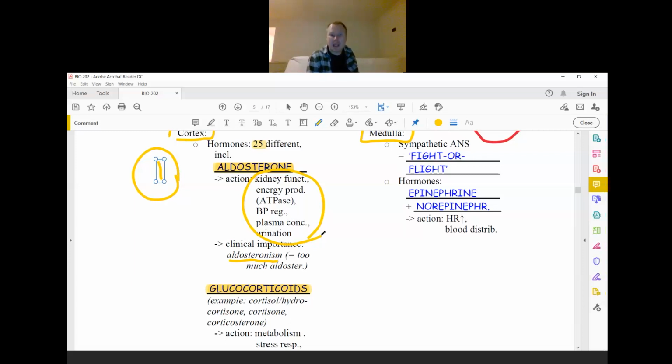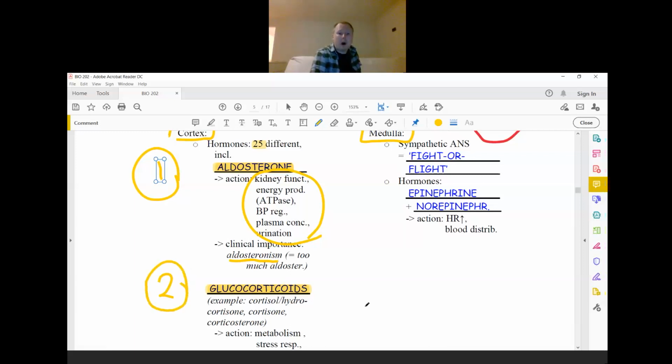So that can cause issues if the kidneys function too fast, if there's too much ATP done, if blood pressure regulation is to the extreme, plasma concentration, urination is again amped up.